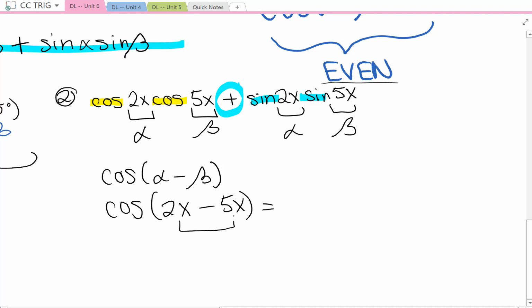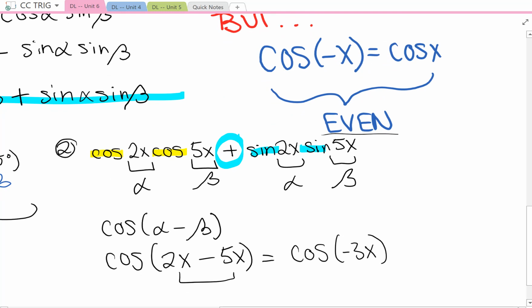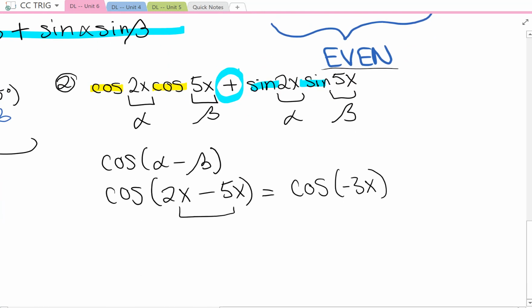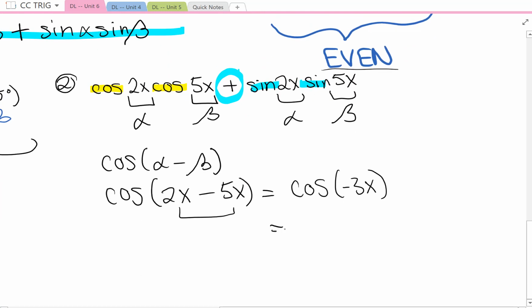You can subtract inside the parentheses: cosine of negative 3x. And remember, cosine of negative x is equal to cosine x. So cosine negative 3x is actually equal to cosine 3x, which looks nicer and is more simplified.